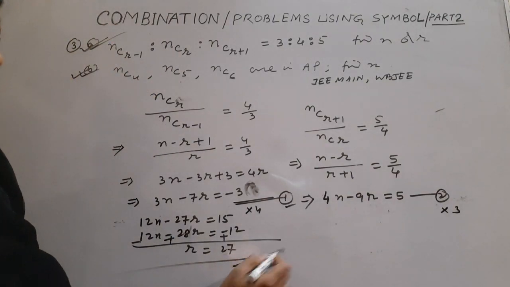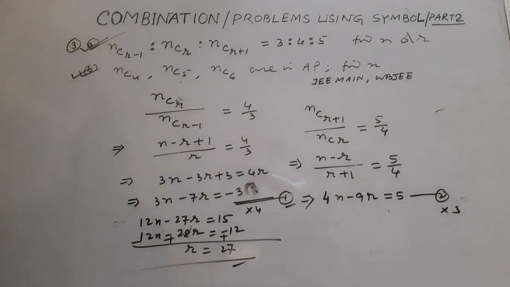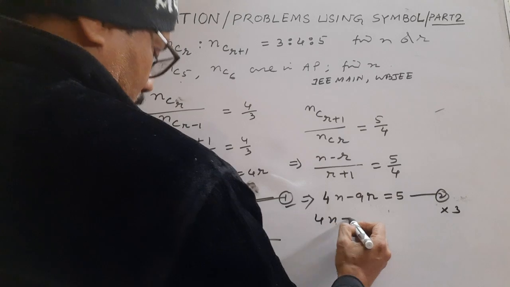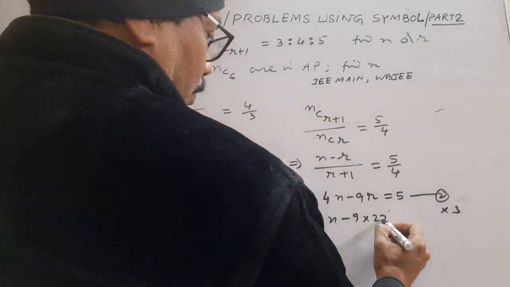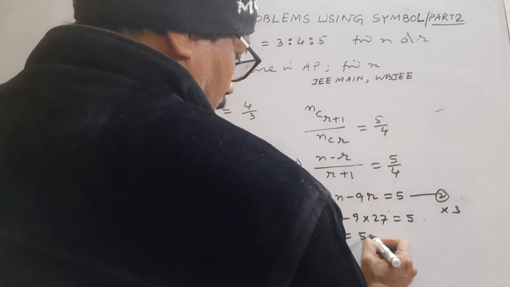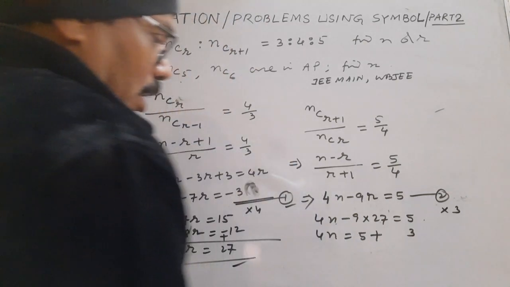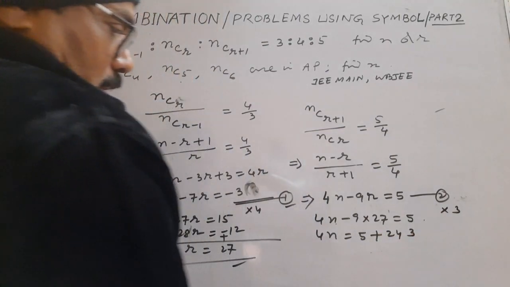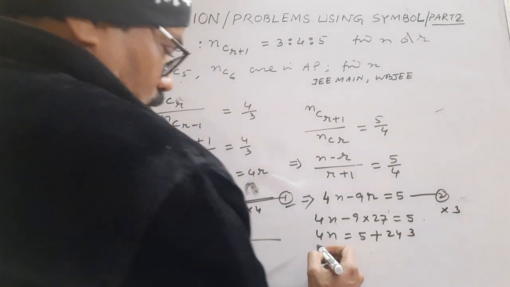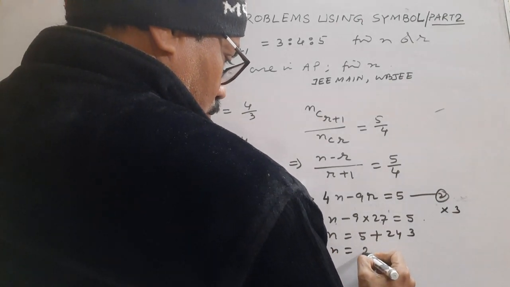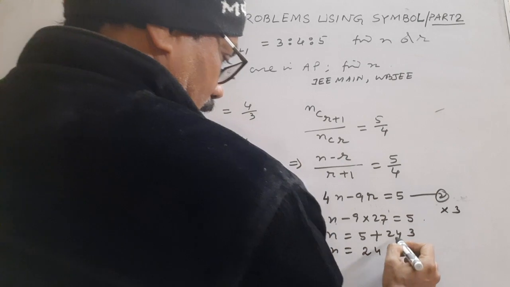So it is possible. So putting the value of r, we get n. So 4n minus 9 into 27 equals 5. So 4n equals 5 plus 243, which is 288.